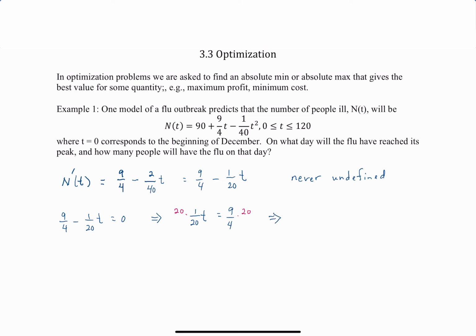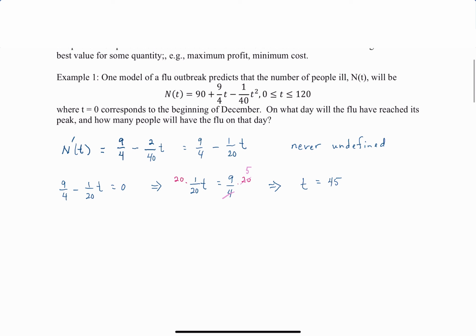That gives us t equals, and let's cancel. The 20 cancels with the 4 to give a 5. So I have 9 times 5, which is 45. So at this point it's looking like the peak of the flu season is probably 45 days in. But remember, critical numbers don't necessarily give a max.